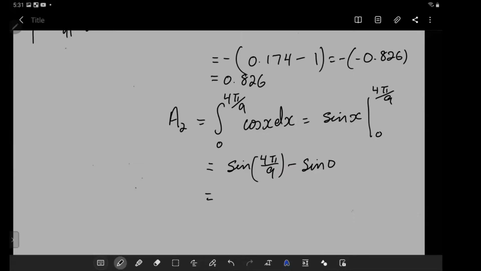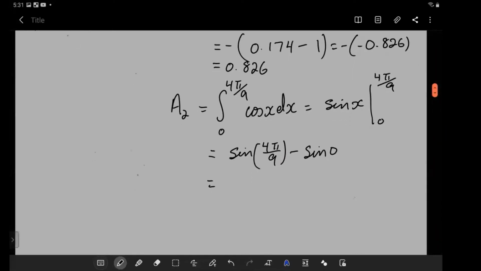And sine of 4 pi over 9 is approximately 0.985, and sine of 0 is 0, so this is equal to 0.985.